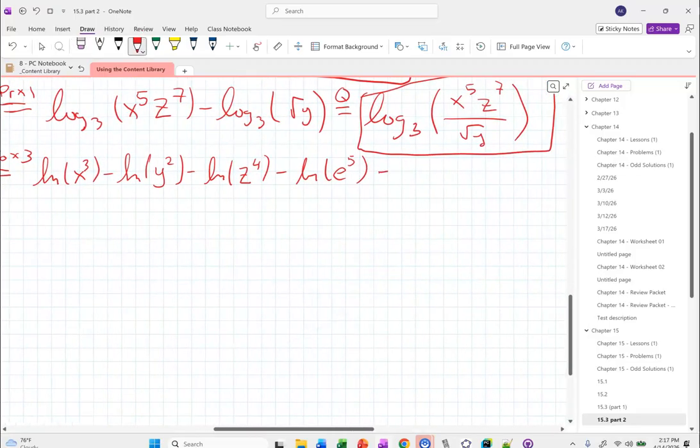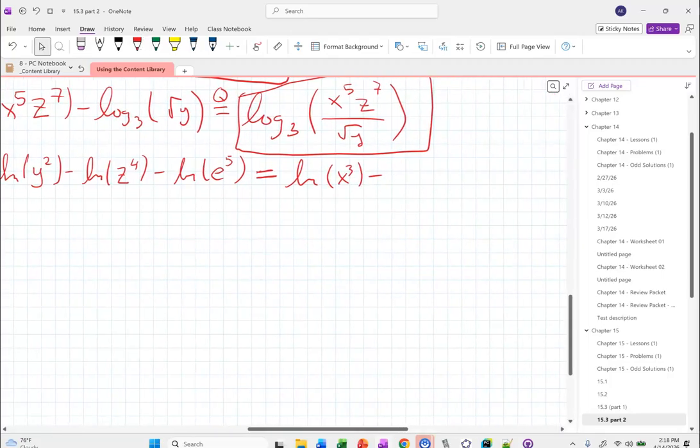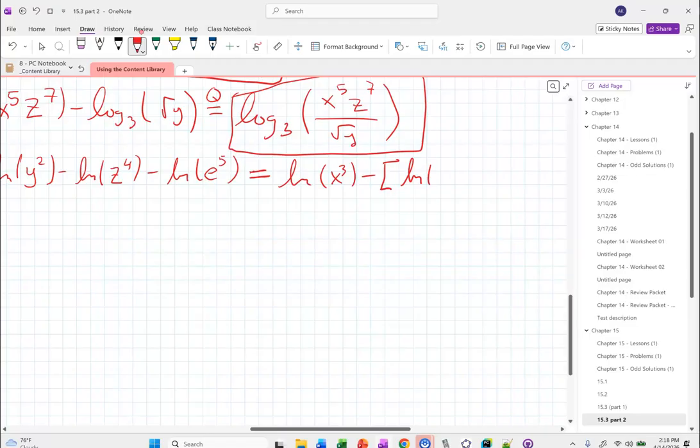Here's the tricky piece. How many product properties do you see? You say that, I see 2. Yeah, so see those minuses, I can factor out a negative.